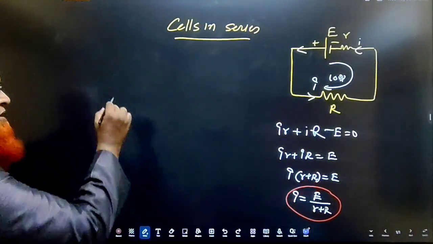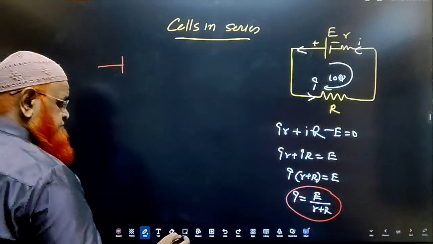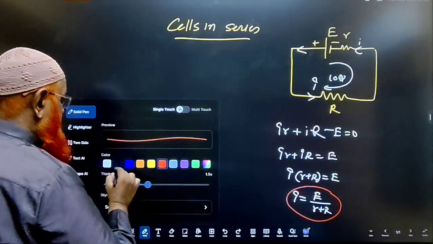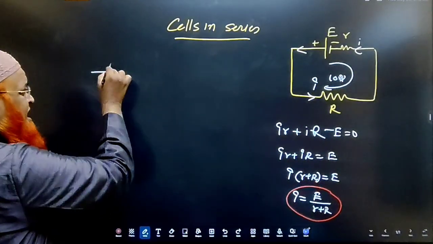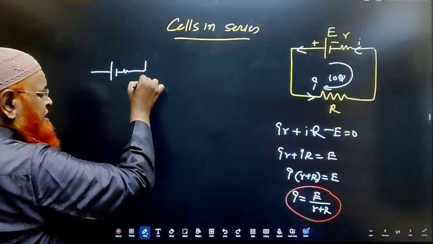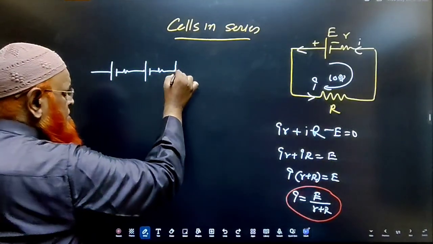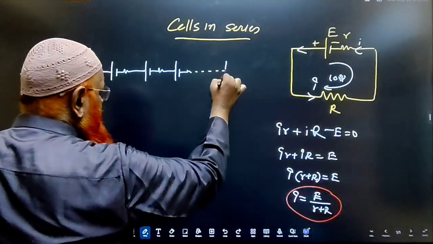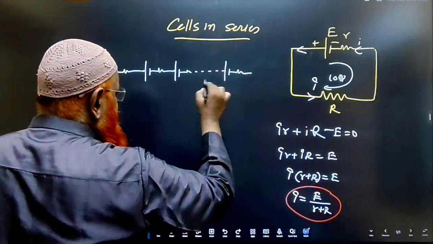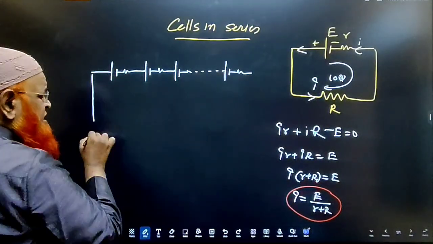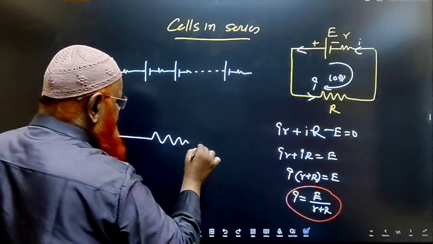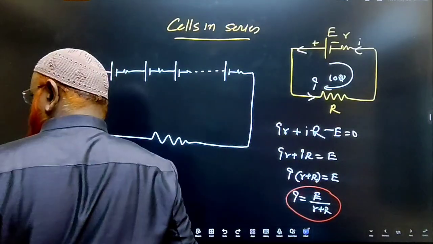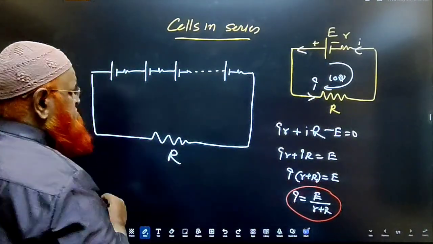But what is going to happen when you consider a series of cells? What's going to happen when you consider a series of cells like this? How many cells are there here? These are n cells, connected to the external resistance capital R. Each has EMF E and internal resistance small r.